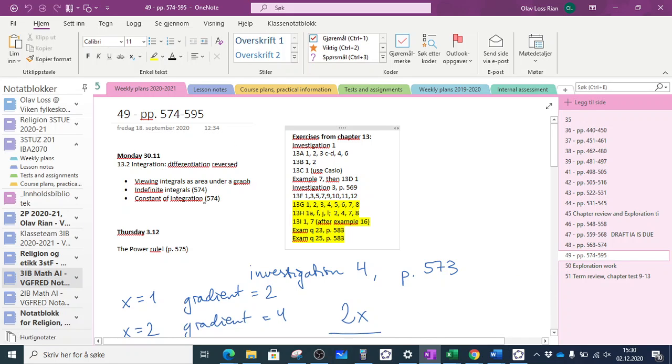Right, so we just integrate over each term one at a time. And it's exactly what we did when we differentiated the function. We could differentiate one term at a time. So we can also integrate over one term at a time. So when we do that, okay, this first one, we know that this is going to be x to the power of 2 plus 1, so that's 3.